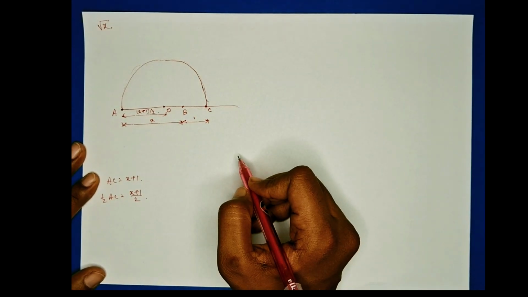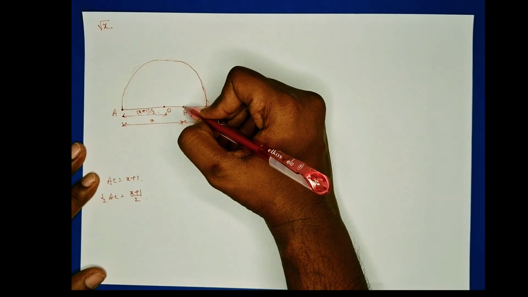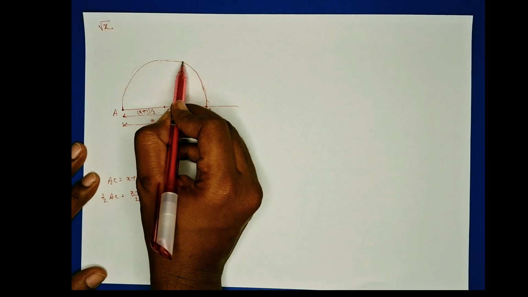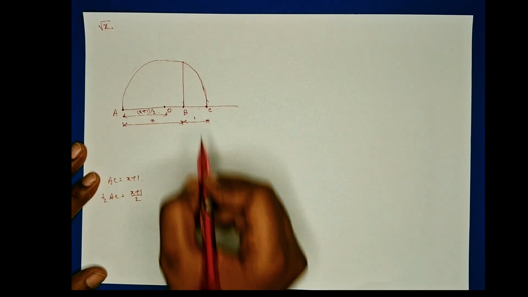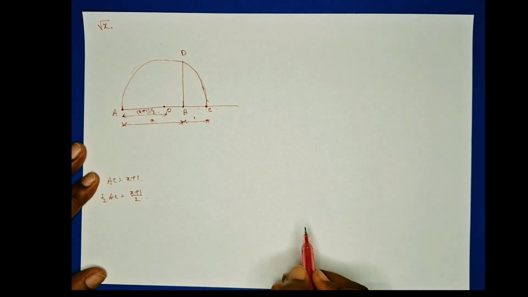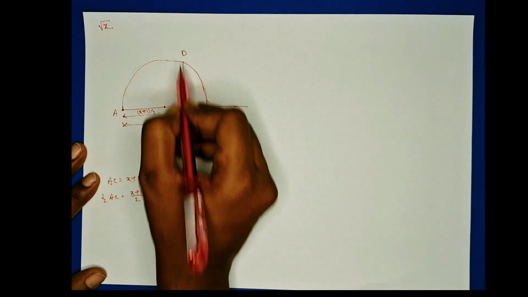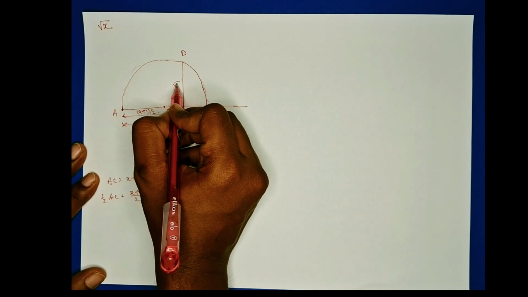Now I have to draw a perpendicular to AC from point B and see where it touches the semicircle. Suppose it touches the semicircle at point D. Now this BD will be root x.